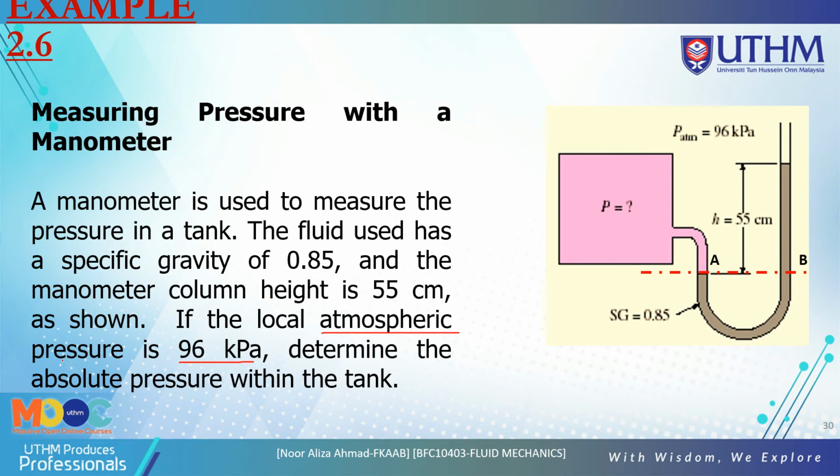Dalam contoh soalan ni atmospheric pressure is given, so you must use this value. In the previous slide example, the atmospheric pressure was not given, so you must use 0 for P atmosphere. In this example they give you the value of P atmosphere.